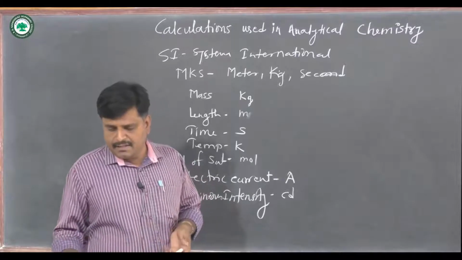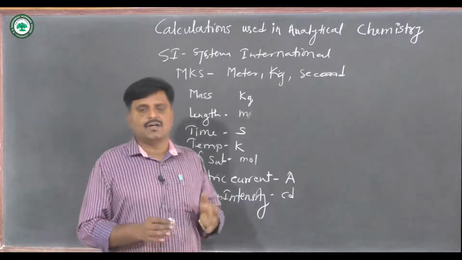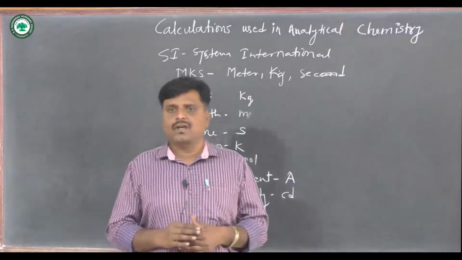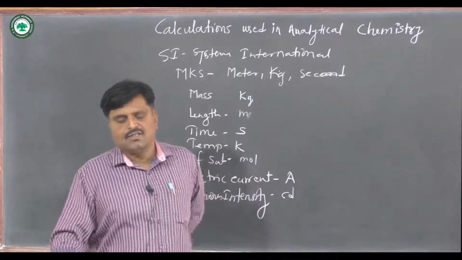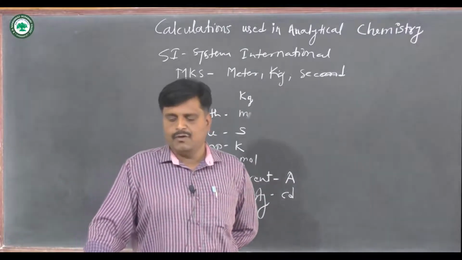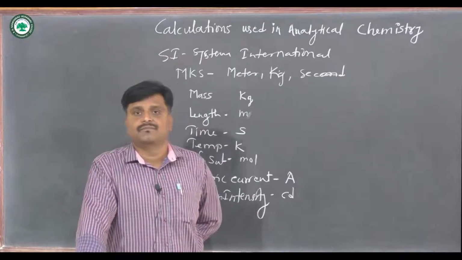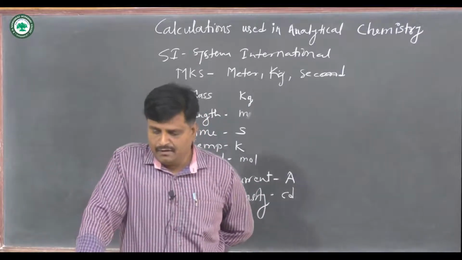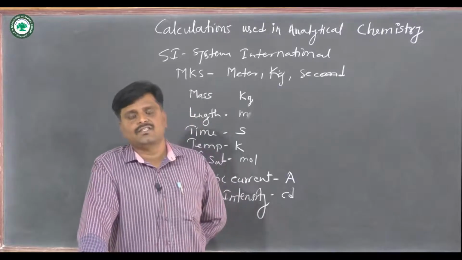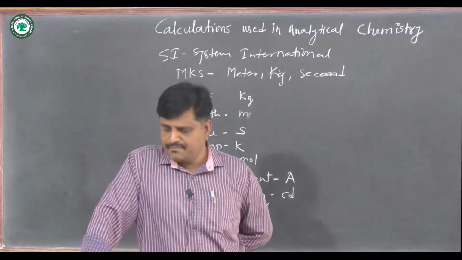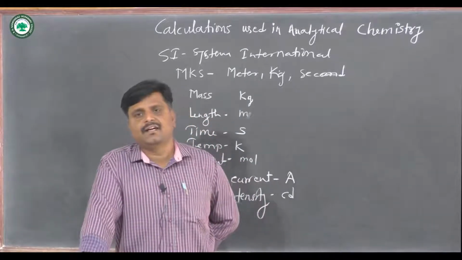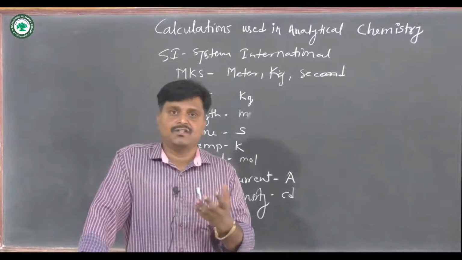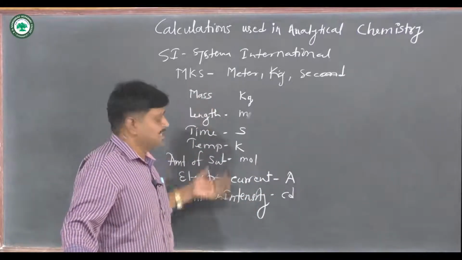Suppose we want to calculate area, we use square meter. For volume, we use cubic meter. Force is measured in newtons, which is kilogram meter per second squared. These derived units are combinations of two or more basic units.